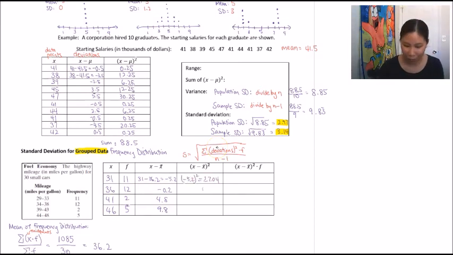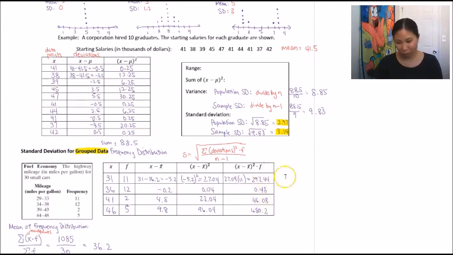And then I get 0.04, 23.04, and 96.04 when I square all my deviations. And finally, I'm going to take each of those squared deviations and multiply it by the frequency. So that was this F column here. And these are the numbers I end up getting.